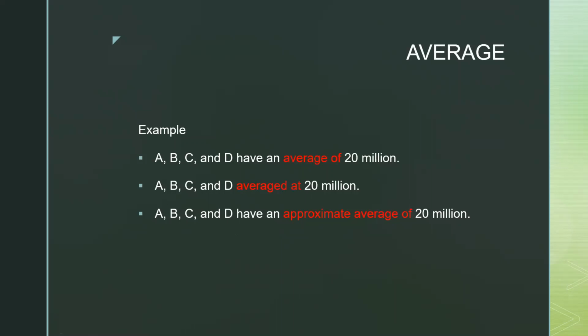A, B, C, and D have an average of 20 million, especially if it's very obvious. You can also say A, B, C, D averaged at. You just have to change your average to past tense and use "at" as your preposition. Or if it's not an exact figure, or you're not sure of the average, you can just make an approximation, having an approximate average. That's how you do it.